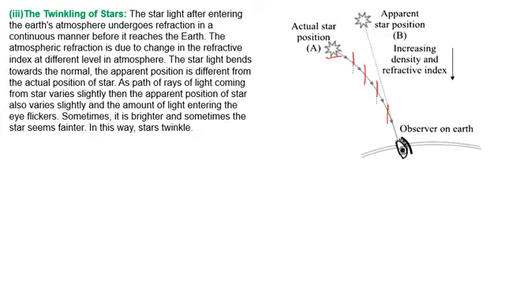But our brain takes this ray of light as coming straight back. Because of that we see the star at a different position, a slightly raised position, which is known as the apparent position, and is not the real position of the star.